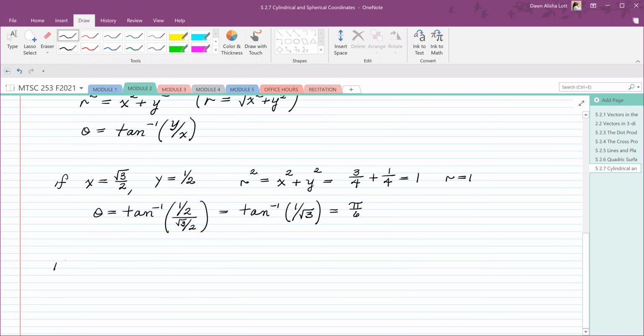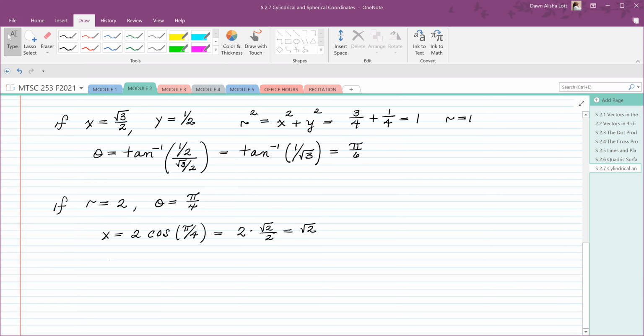If r is equal to 2 and theta is equal to pi over 4, then x is equal to 2 times the cosine of pi over 4. That's 2 times the root of 2 over 2. So that'll be the root of 2. And y will be 2 times the sine of pi over 4.